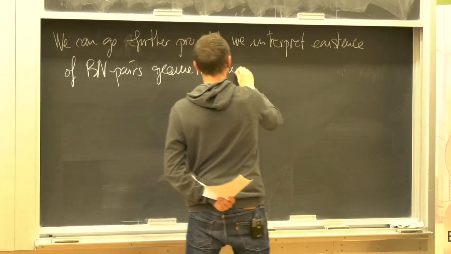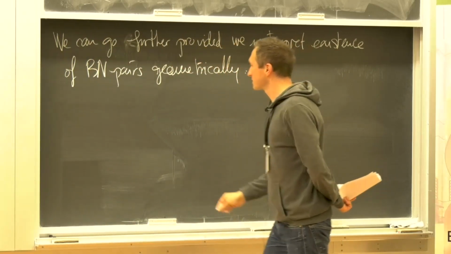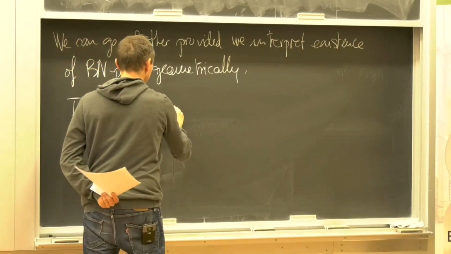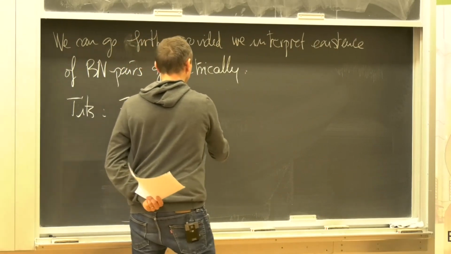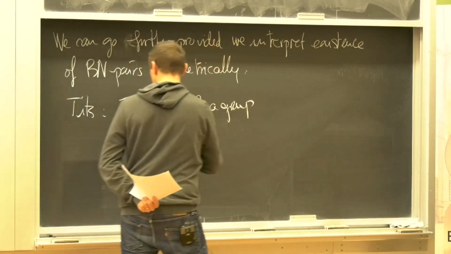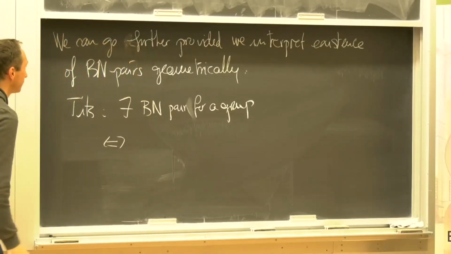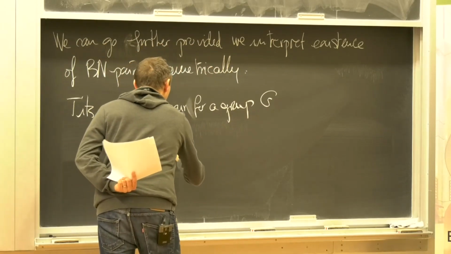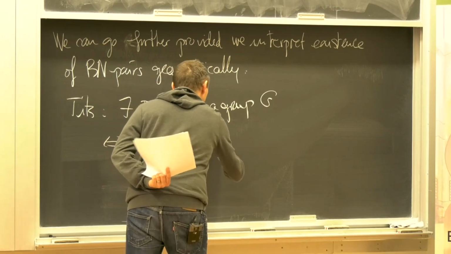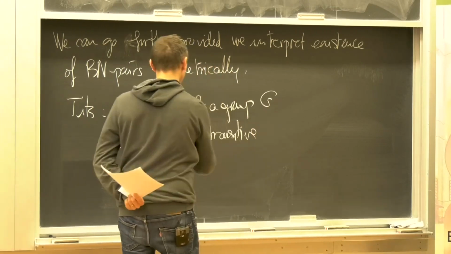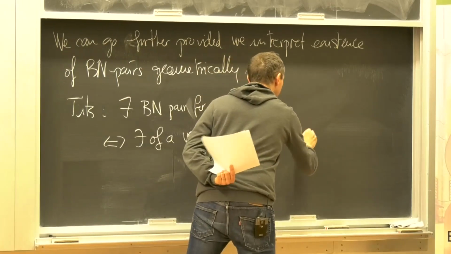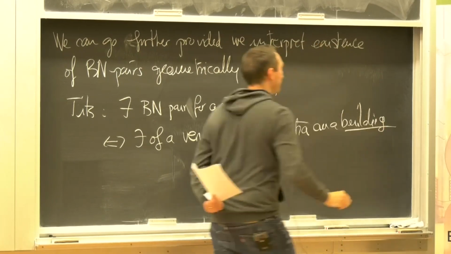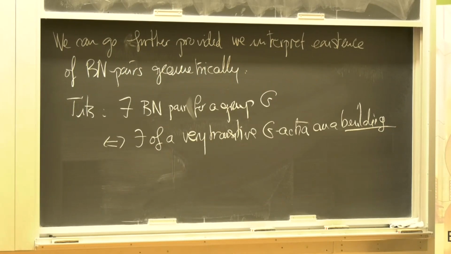This was known to Tits from the very beginning. The existence of a BN-pair for a group G is equivalent to the existence of a very transitive G-action on a building, which I will make more precise later. And this is what I have to explain. A building is some very specific geometry.